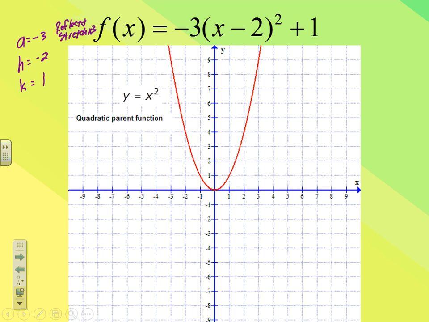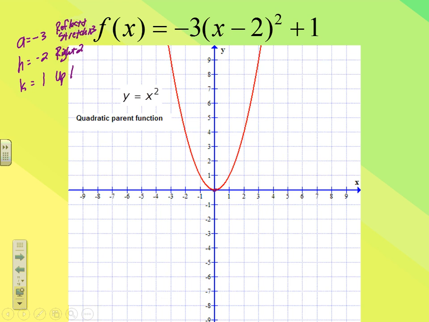This H value where it says -2, remember the insiders lie, so that says move to the right 2 spaces, and for the +1, that does exactly what we think it means, and that says move up 1 space. Now the reason why I like to have the parent function on the graph when we transform it is because it gives us some points of reference to help us.